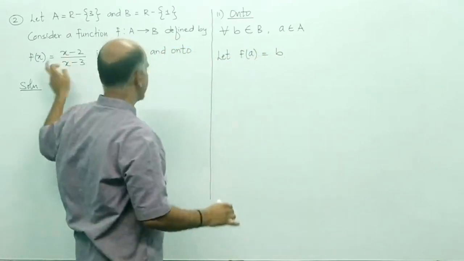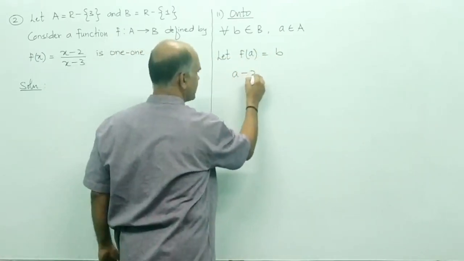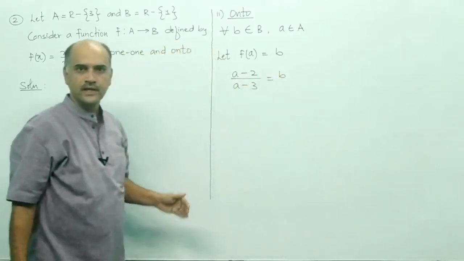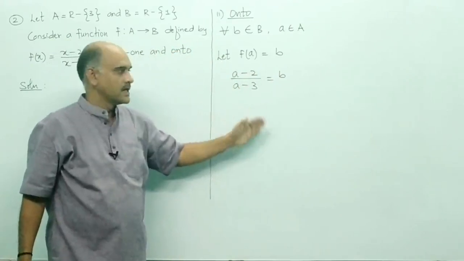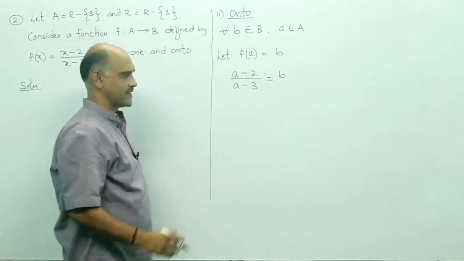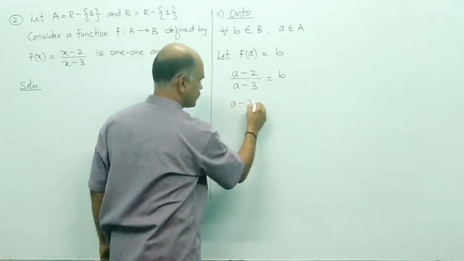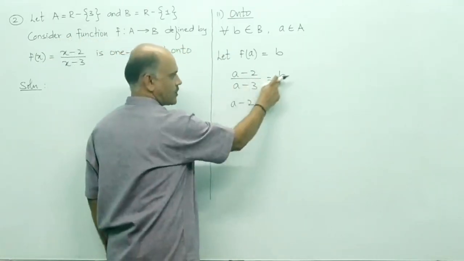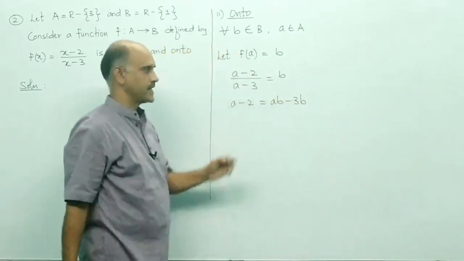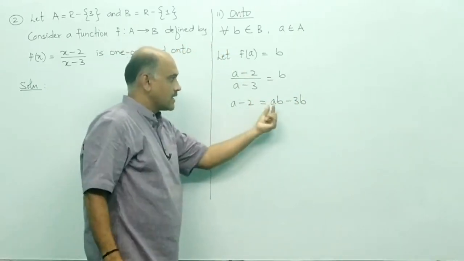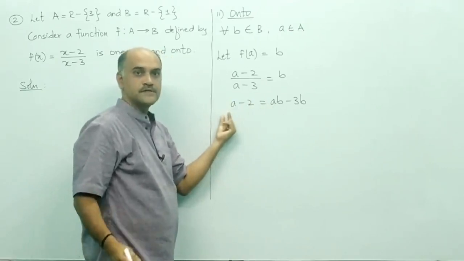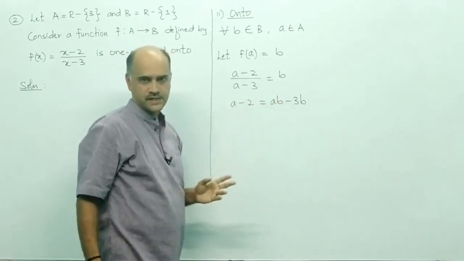So again substitute a in the given function: (a minus 2) divided by (a minus 3) is equal to b. Now simplify this and find the value of a. So a minus 2 is equal to, if I cross multiply, ab minus 3b. Now take the terms having a to the LHS, and the terms which do not have a to the RHS.